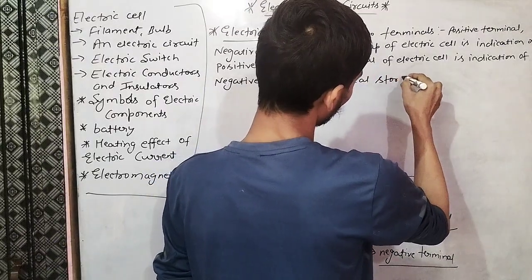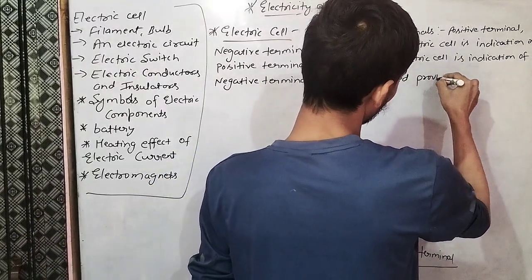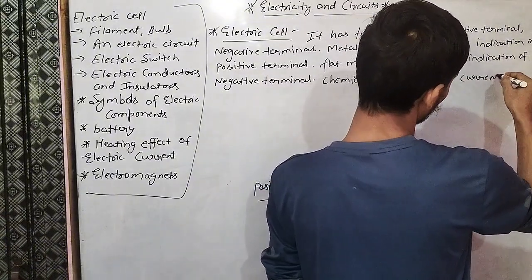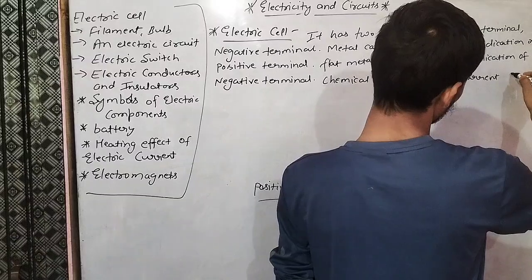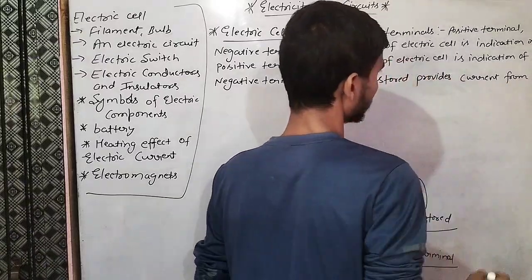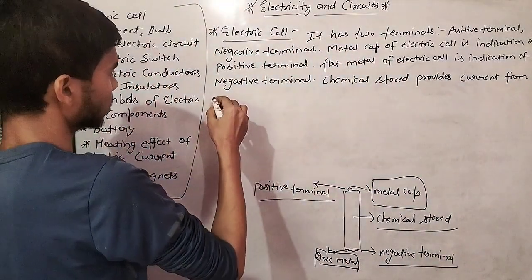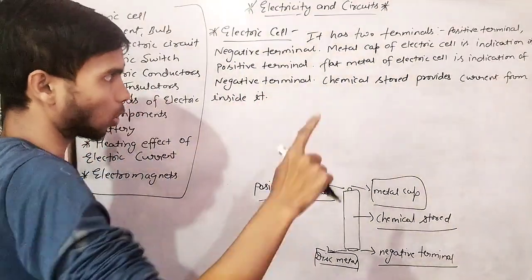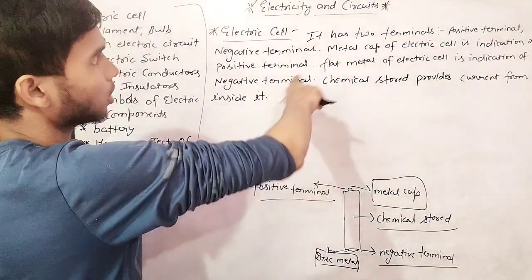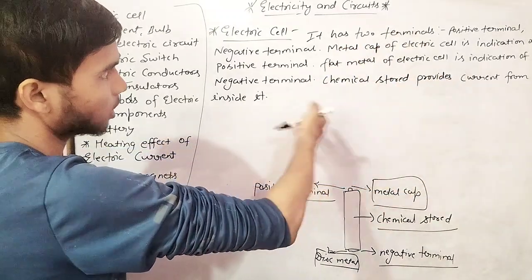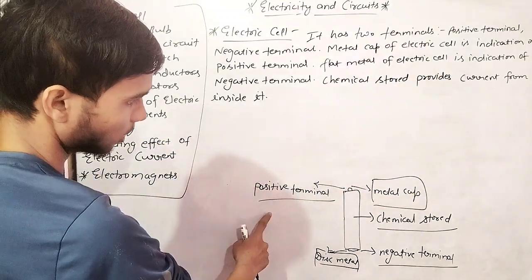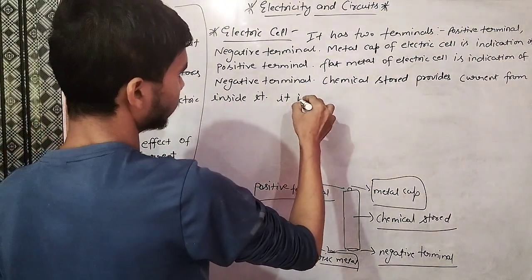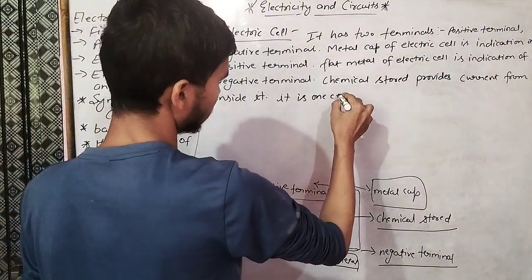Chemical storage provides current from inside it. So we wrote about the chemical storage and discussed the terminals, positive and negative.